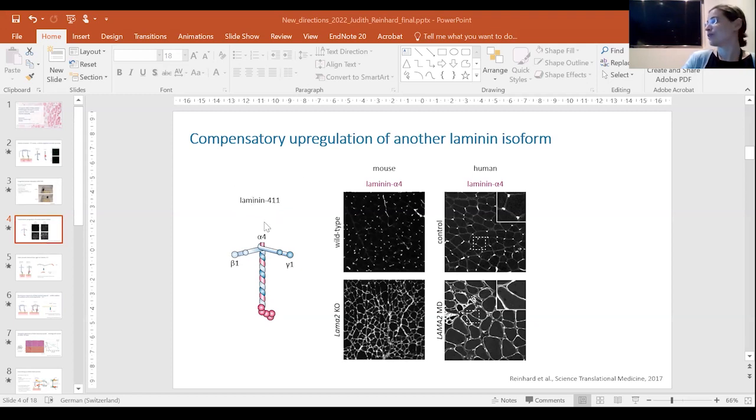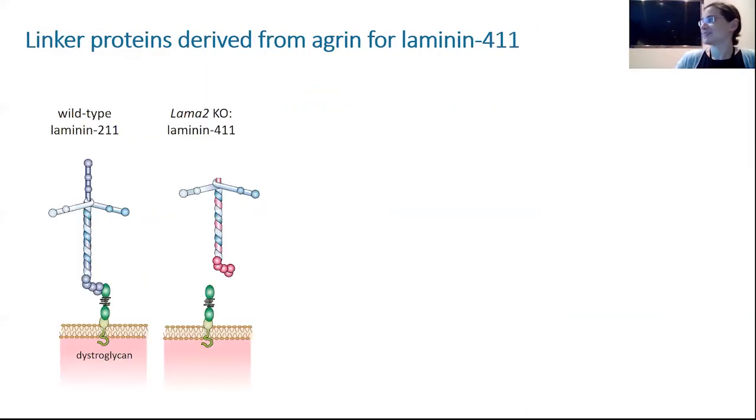And this laminin 411 protein may actually allow that muscle fibers are even formed in the absence of laminin 211. But yeah, the muscle tries to compensate, but obviously it cannot greatly compensate, because we still have in the mice, in all the other animals, and also in the humans, this very severe disease.